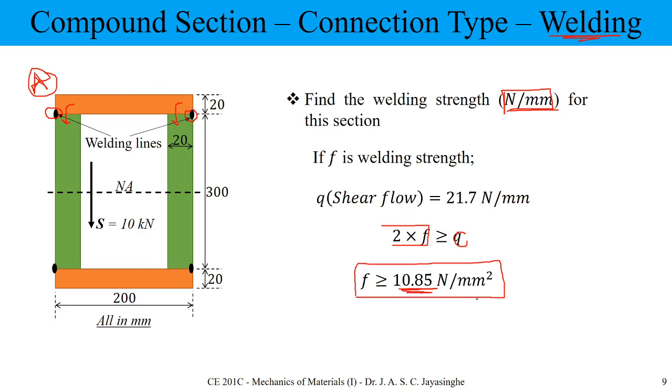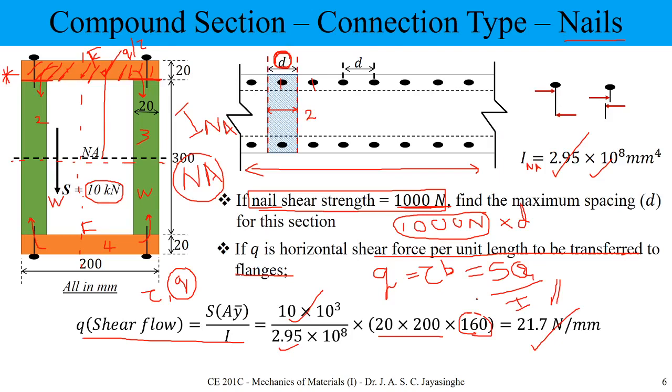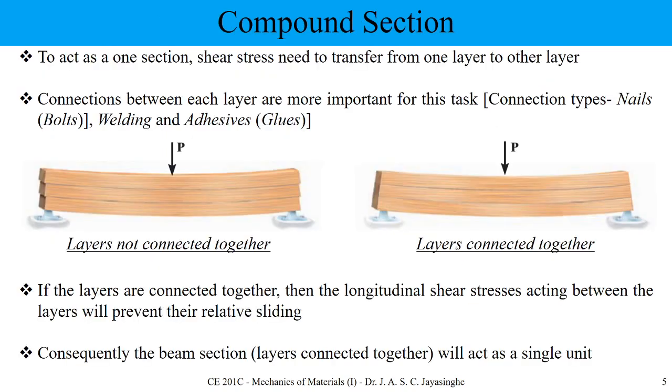So now very simple. Of course, you can work with a bolt or rivet or other connectors. When you come to composites, it mainly depends on the connector, because if you have a good connection, the unit is going to work together without sliding. Because the same material is there, one type of material, without trouble we can use the simple bending formula or simple shear formula.